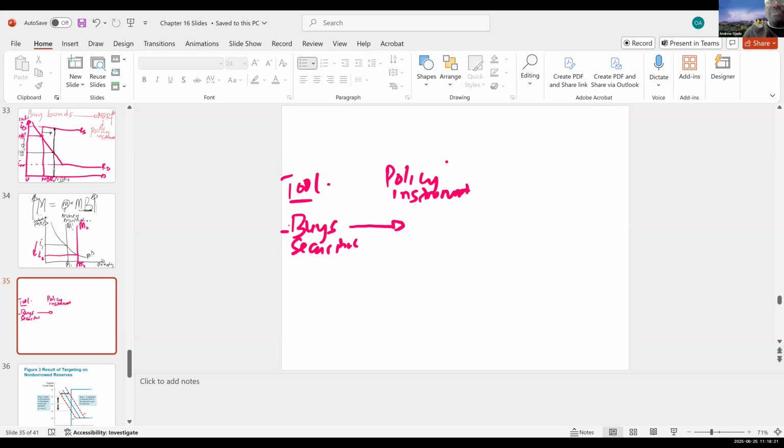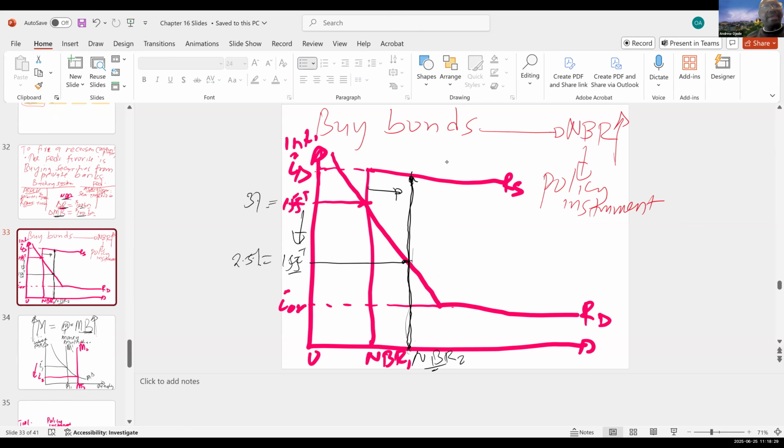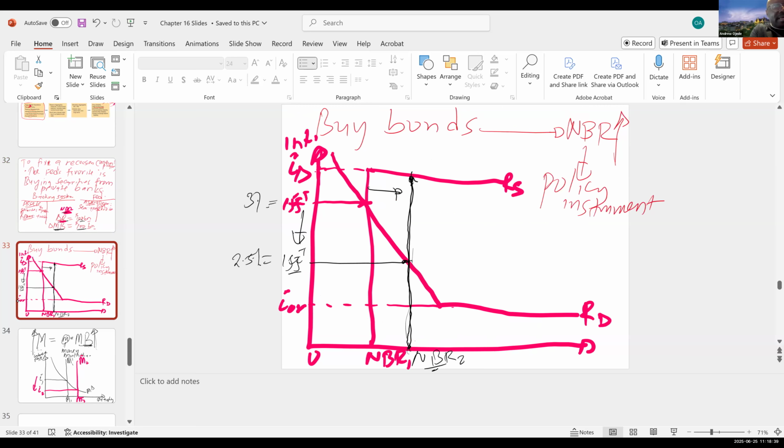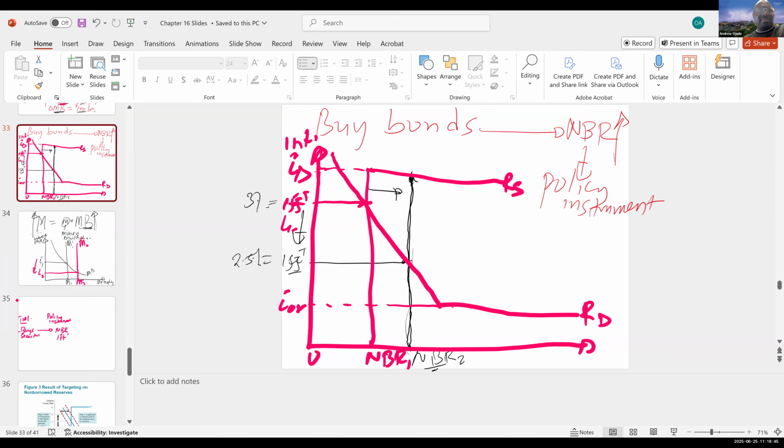The policy instruments are things like non-borrowed reserves. They're things like the federal funds rate. We showed that here. Once the Fed has bought bonds, reserves are going to change. Non-borrowed reserves, those are the policy instruments. And once non-borrowed reserves change, the federal funds rate, also a policy instrument, they have all changed.